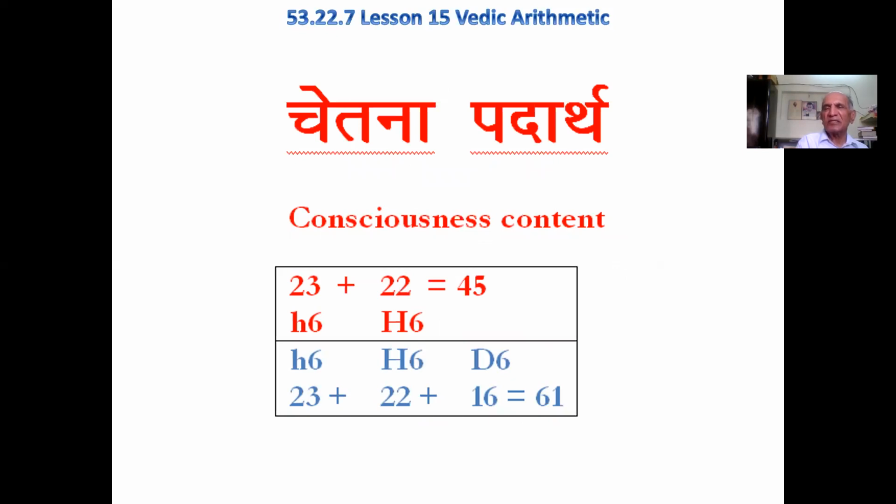And the other distinctive feature is that, in fact, this way we are silently entering Cheta Padarth, the consciousness content. Consciousness itself is a material, is a content. The formulation Chetana is leading us to TC value 23, while the formulation Padarth is taking us to TC value 22.